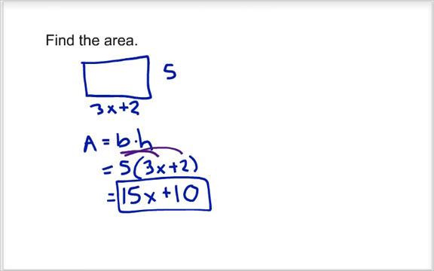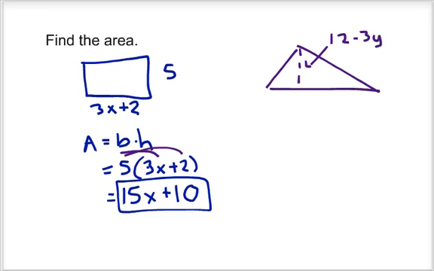Okay, or you could perhaps have a triangle. So for example, we had this triangle, and if I were to tell you, well, let's say the height of that triangle is 12 minus 3y. I'll make this a little bit harder. And the base of that triangle would be 14.